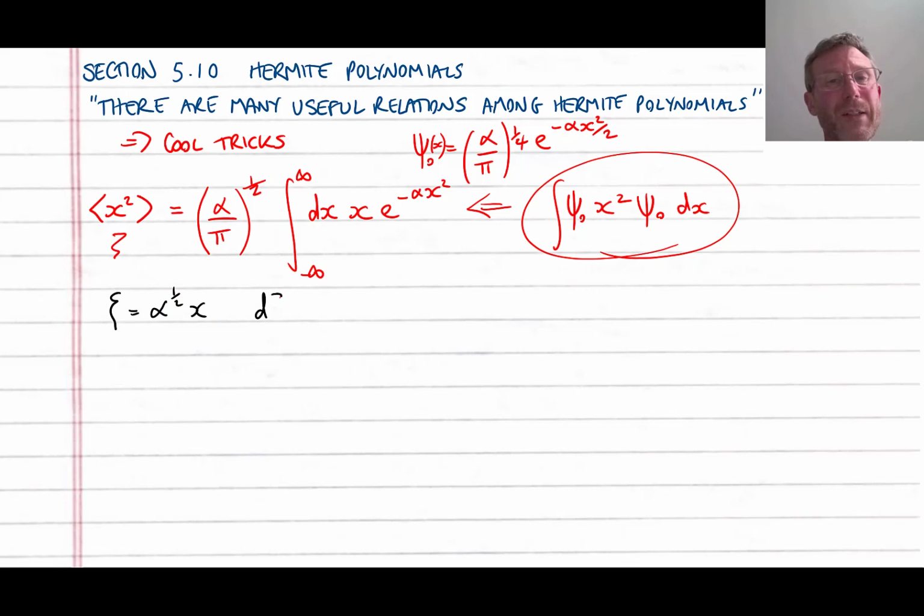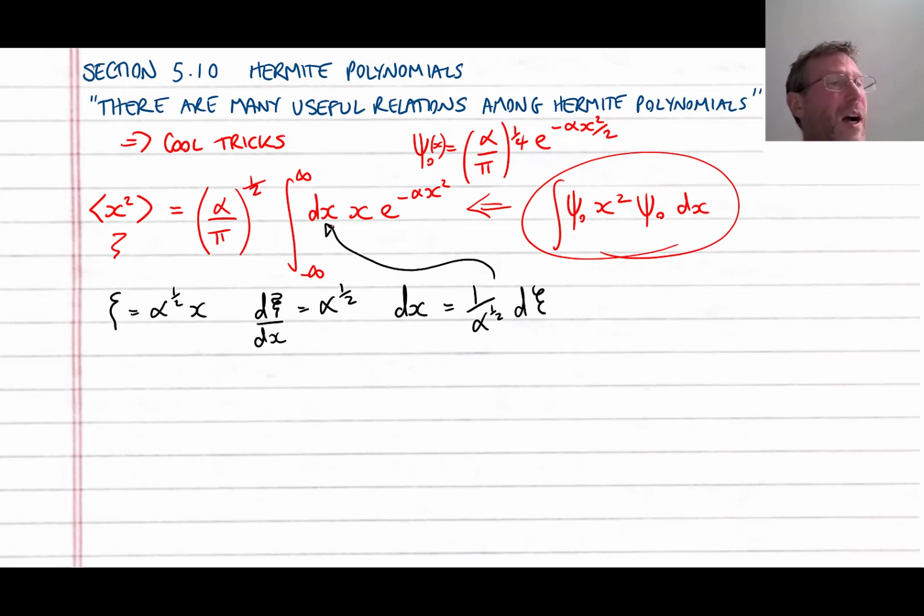We can also say d xi by dx is equal to alpha to the half, and therefore dx is equal to 1 over alpha to the half d xi. Now we're going to substitute in here for the dx.